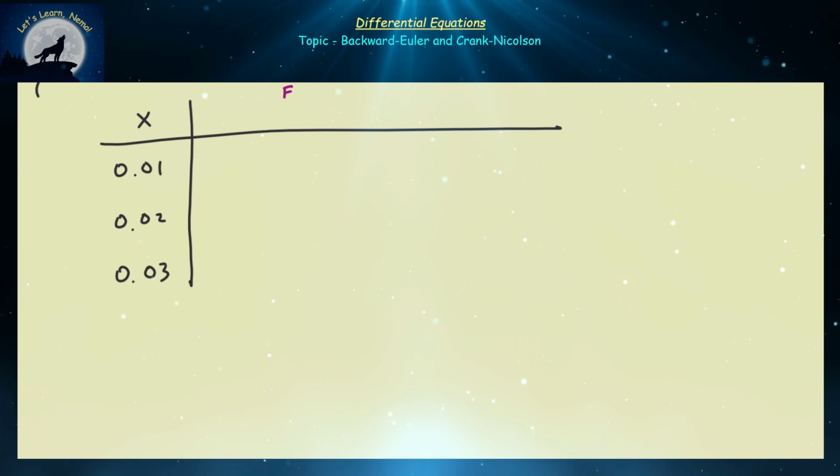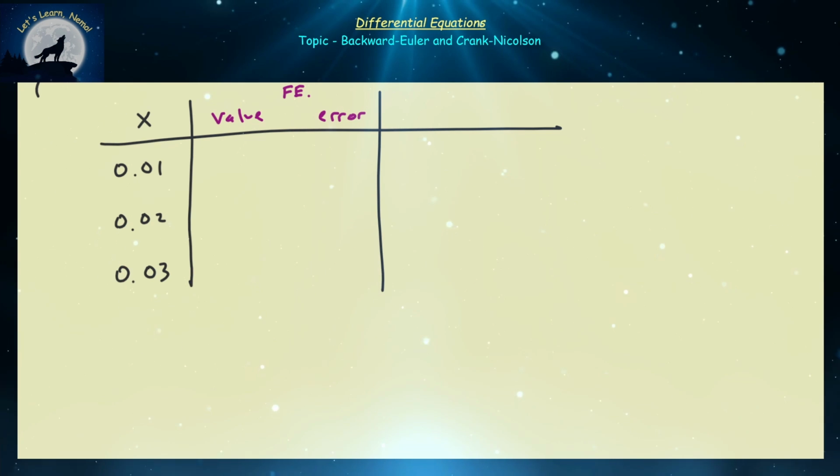So we're going to have our Forward Euler method. Let's actually look at the value and the error with respect to the true solution, which we've already generated. Let's also look at the Backward Euler scheme, the value and the error associated to that term.